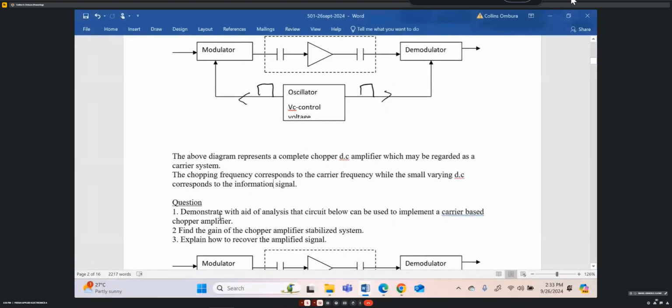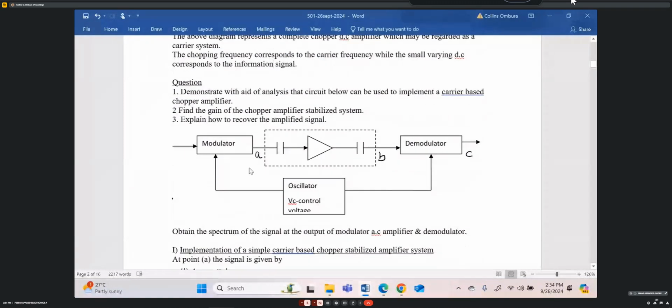Question: demonstrate with the aid of analysis that the circuit below can be used to implement a carrier-based chopper amplifier. Then next, find the gain of the chopper stabilized amplifier system, and then explain how to recover the amplified signal. So this is our carrier-based system.